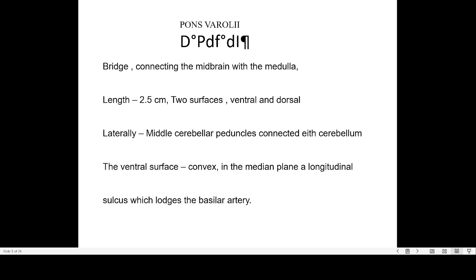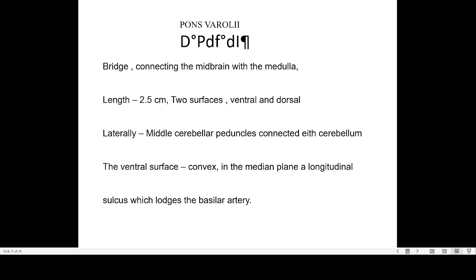Superior cerebellar peduncles connect the cerebellum to the midbrain. The ventral surface is almost convex, and in the median plane a longitudinal sulcus is present, which lodges the basilar artery.